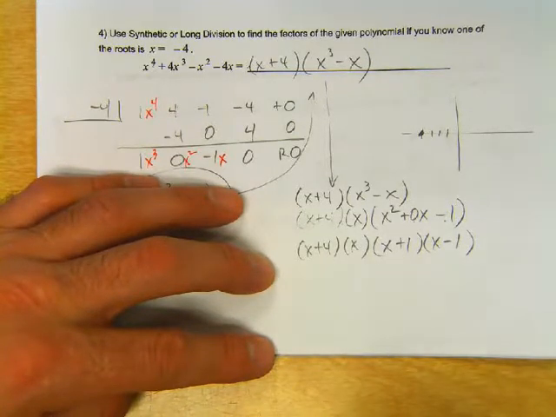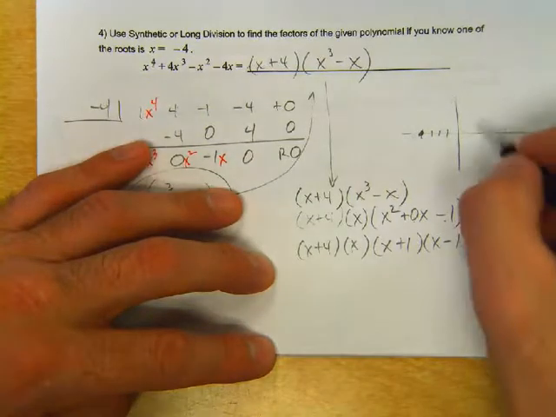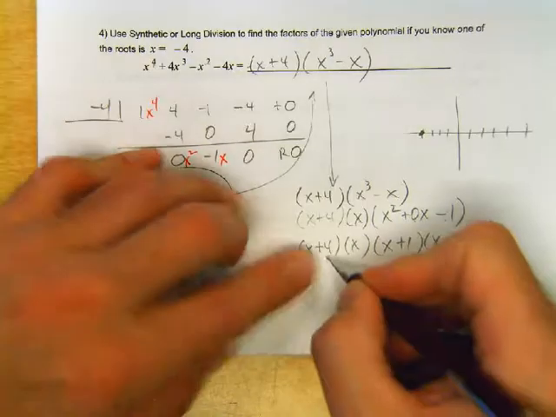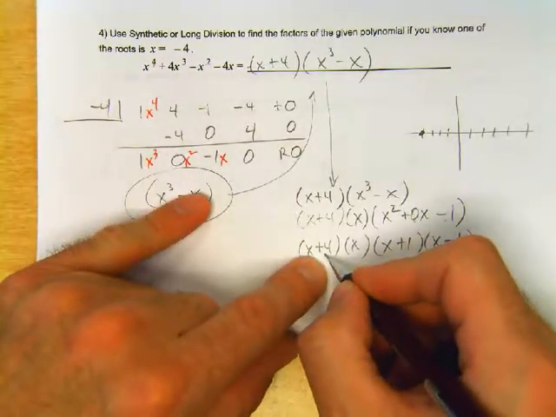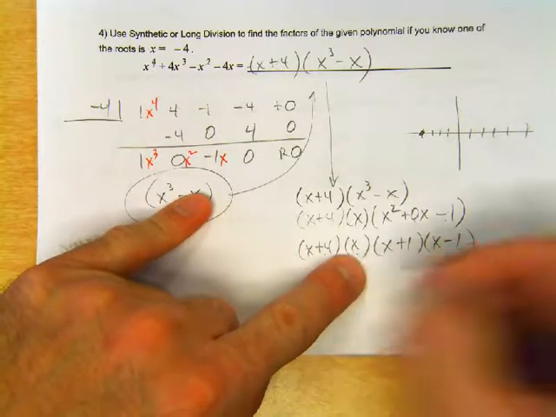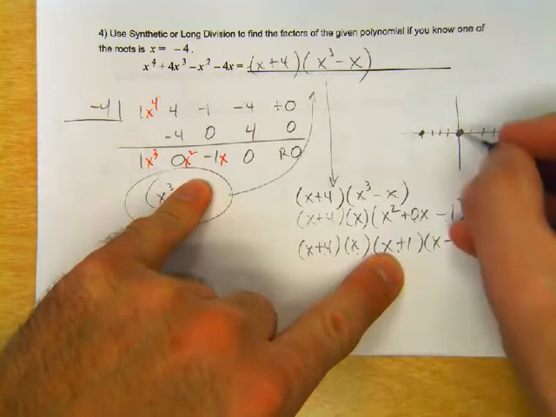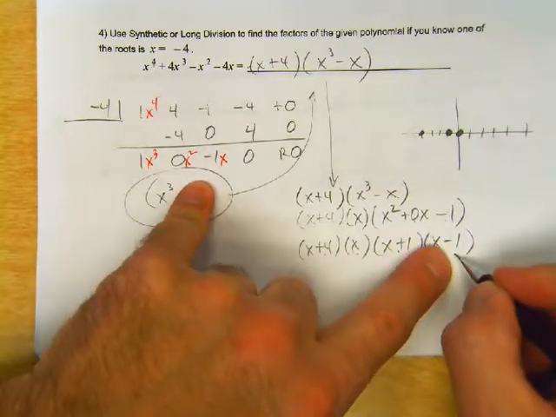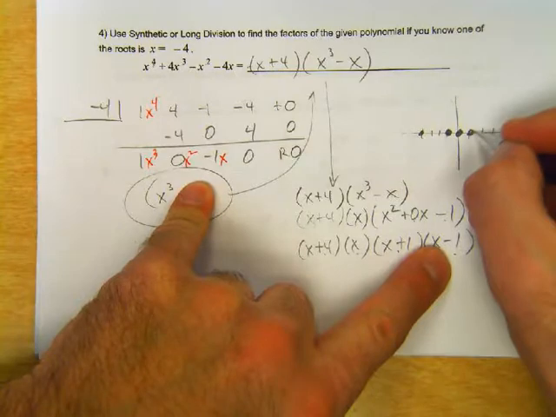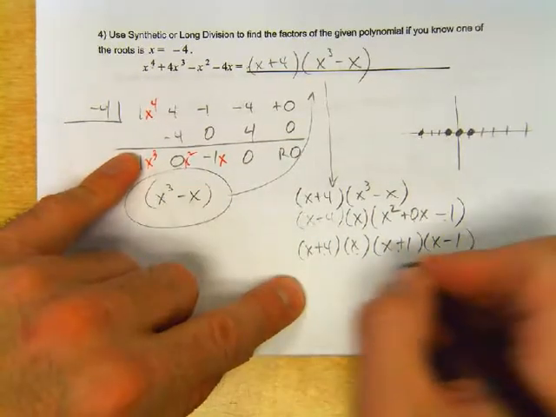Where are all the roots, or the x-intercepts? We got one at negative 4. This one would be 0. This one would be negative 1. And this one would be positive 1. All the multiplicities are 1, so that's going to go straight through.